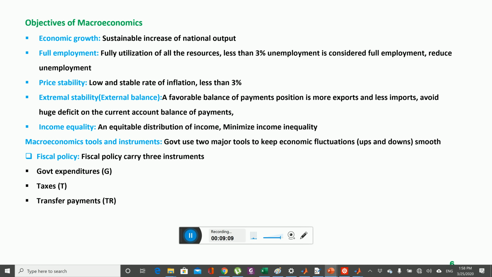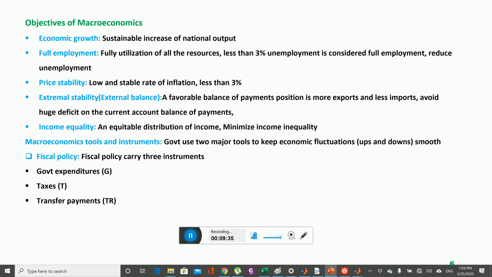This difference must be positive, a surplus: if we are exporting more, the earnings of Afghanistan from exporting are more than the payments of Afghanistan for importing. So external balance means exports must be more than imports. We have to earn more and pay less.